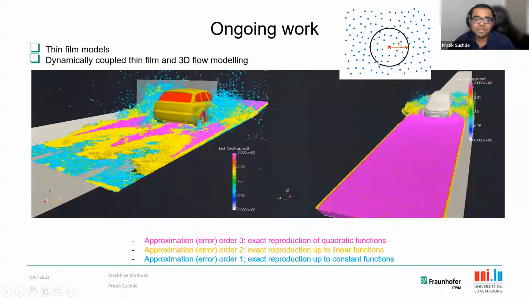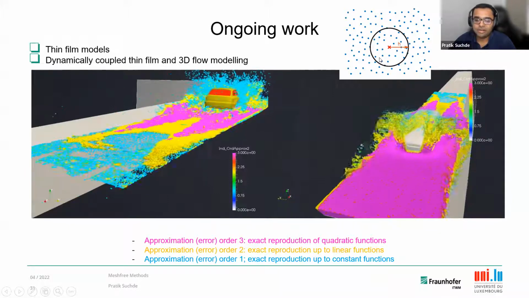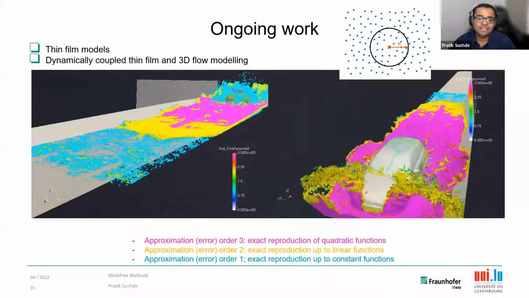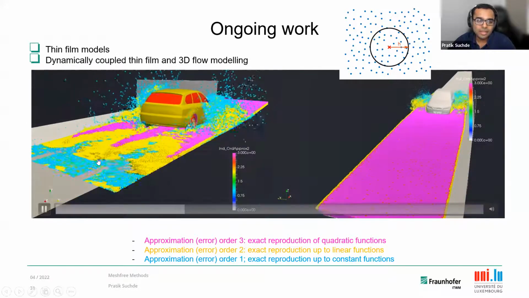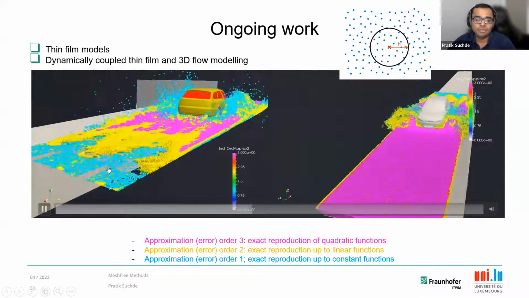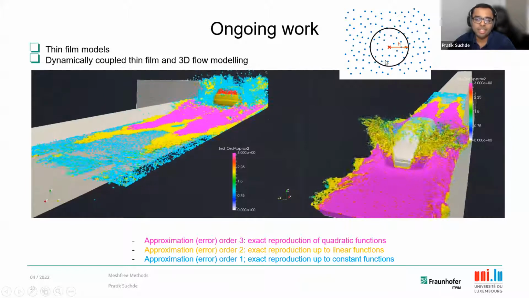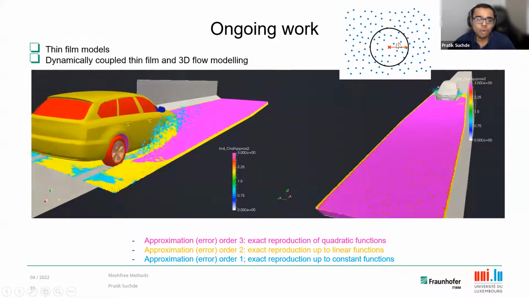Now, if you want to have a certain set of test functions that you want to differentiate exactly, you need a certain size of this neighborhood. When I have very few points nearby, it's not possible to get enough points in a neighborhood to truly get the order of accuracy you want.